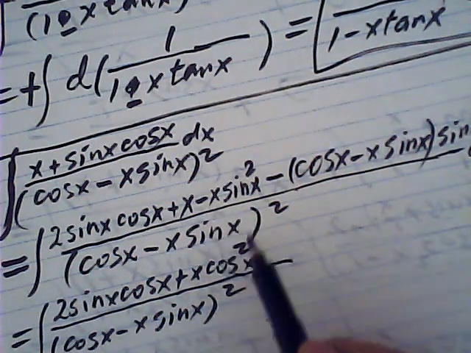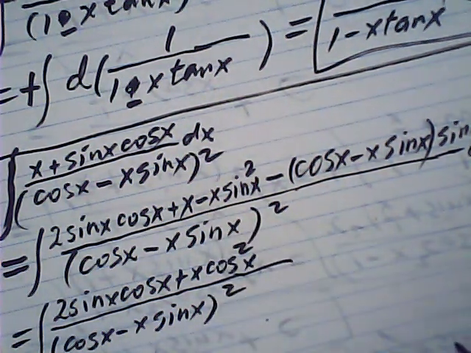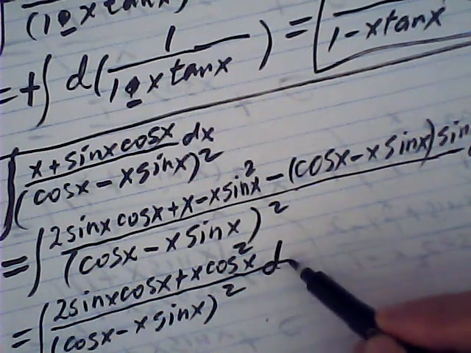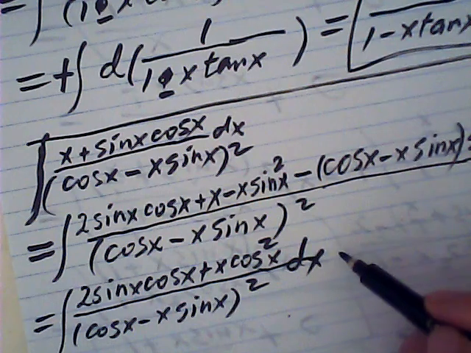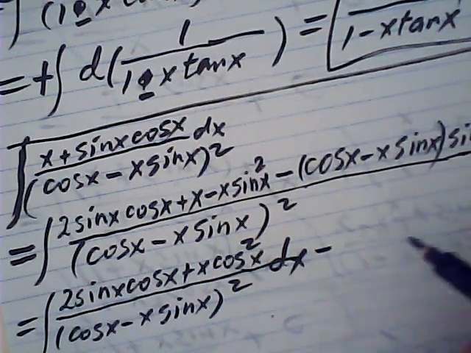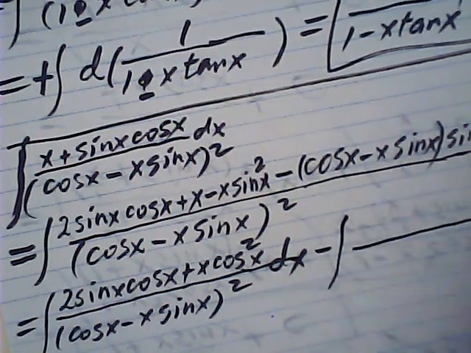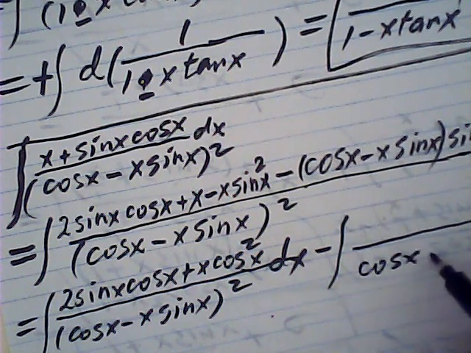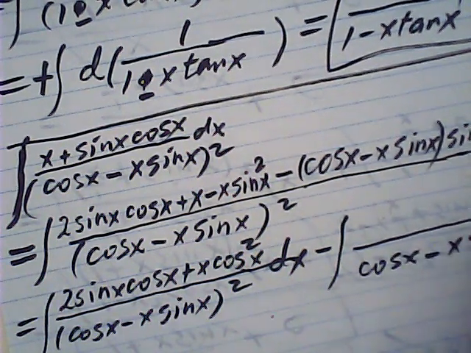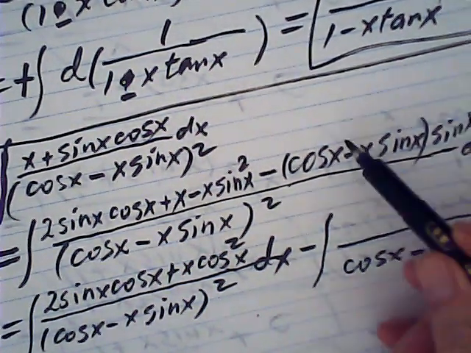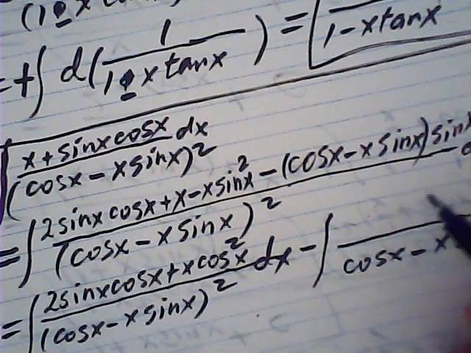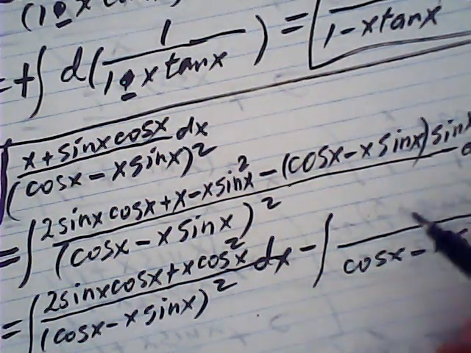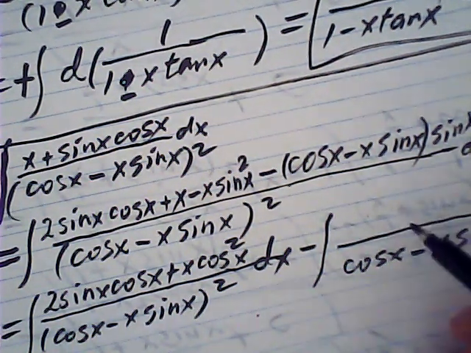I combine these two to become this, and this is the first integral minus. Now I can reduce, right? That's what I want in the first place. Cosine x minus x sine x. Reduced power. On top will be sine x cosine x, right? Yeah.